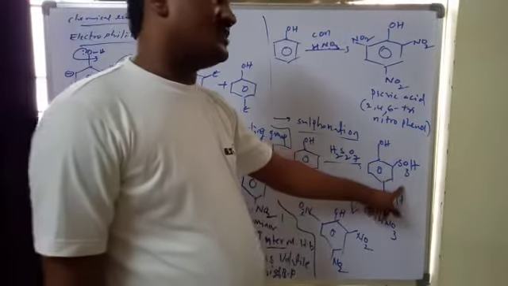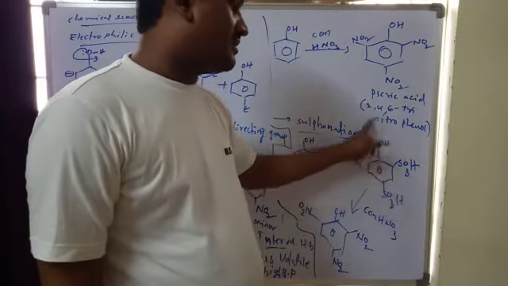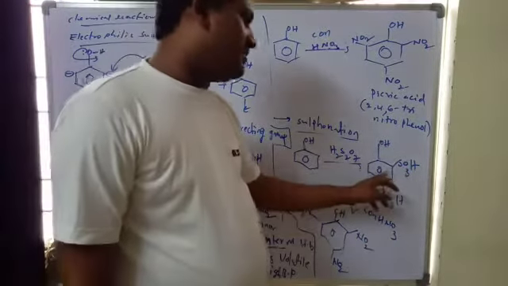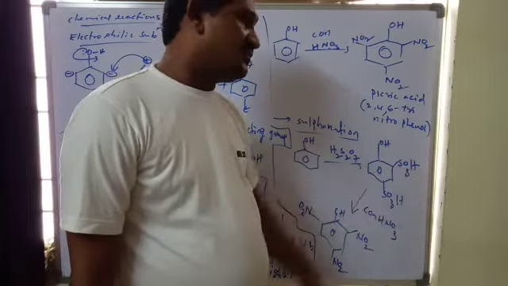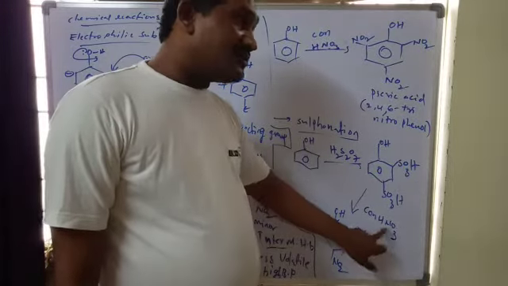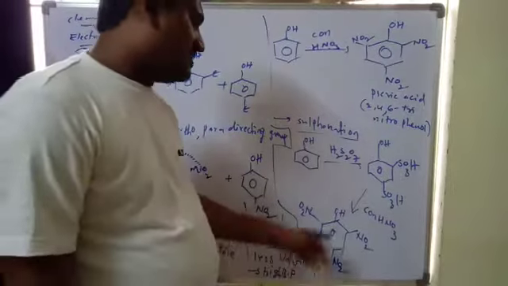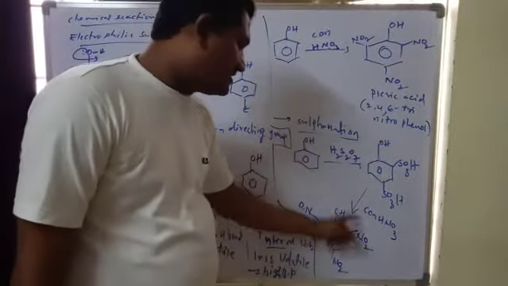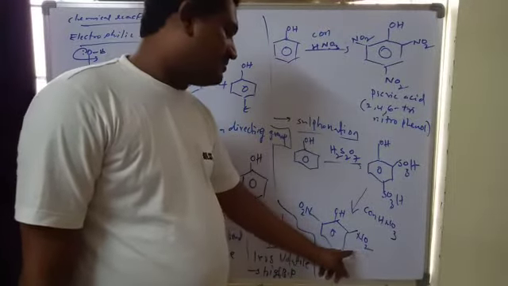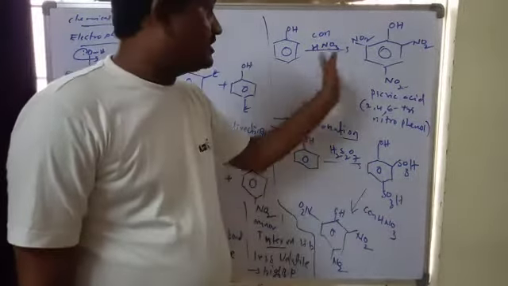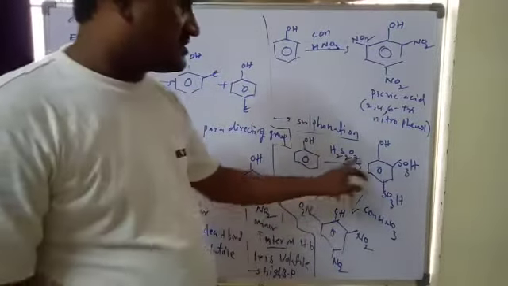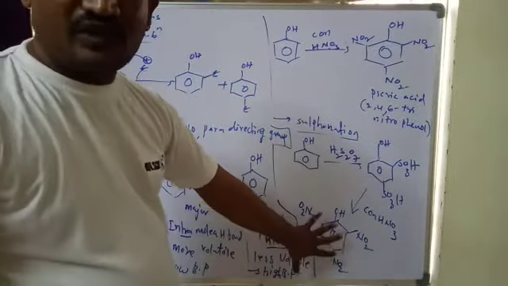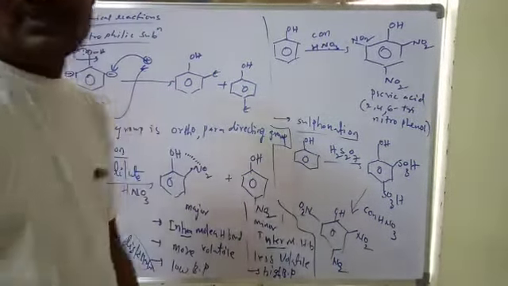Now we get this product, 4-hydroxybenzene-1,3-disulfonic acid. When this hydroxybenzene sulfonic acid reacts with concentrated HNO3, it again forms picric acid. The yield of picric acid is higher by this process compared to direct nitration. So first sulfonation followed by nitration gives picric acid, trinitrophenol. This is one of the methods for its preparation, right?